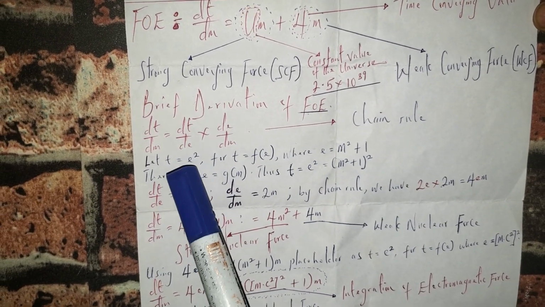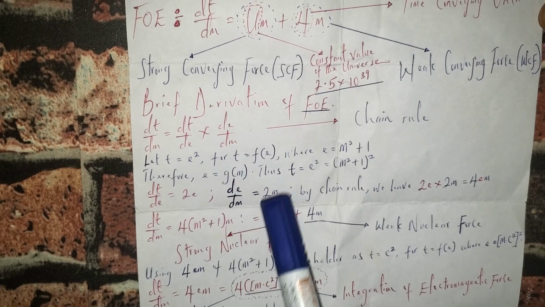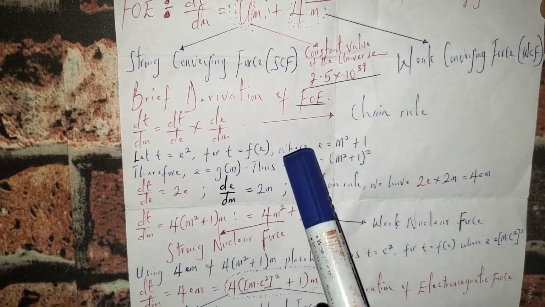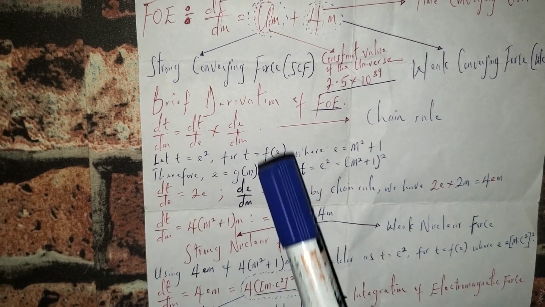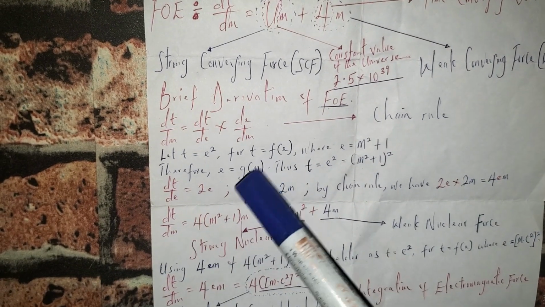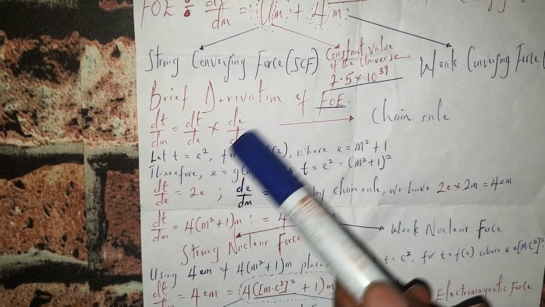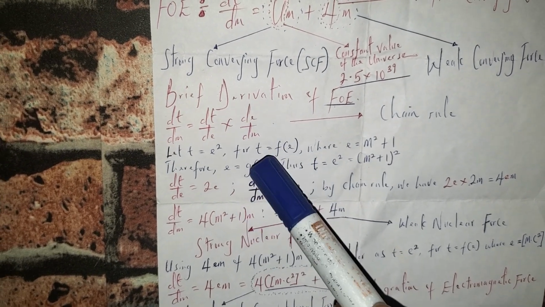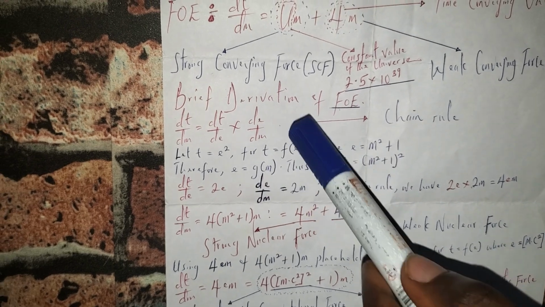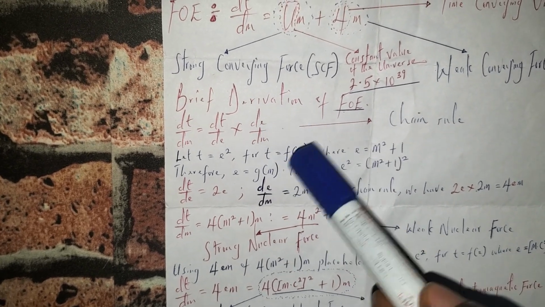And so if we say T should be E squared, for T is a function of E, where E is M raised to power 2 plus 1, therefore E can then be a function of GM as well, which I will call the gravitational effect, while this is the electromagnetic effect.